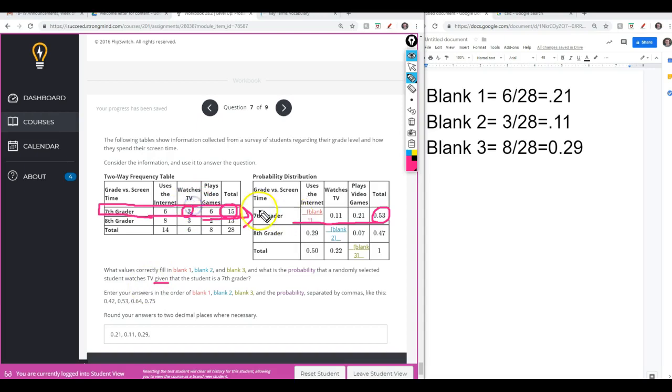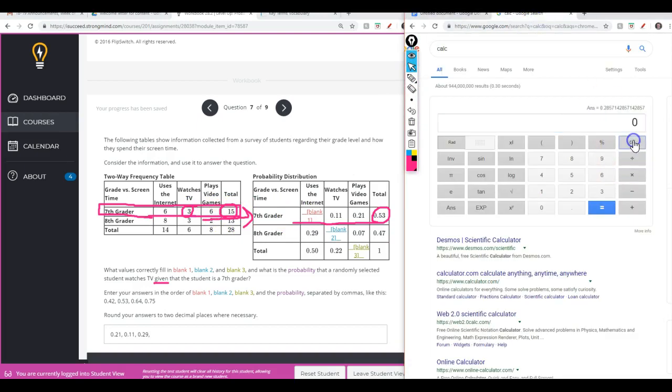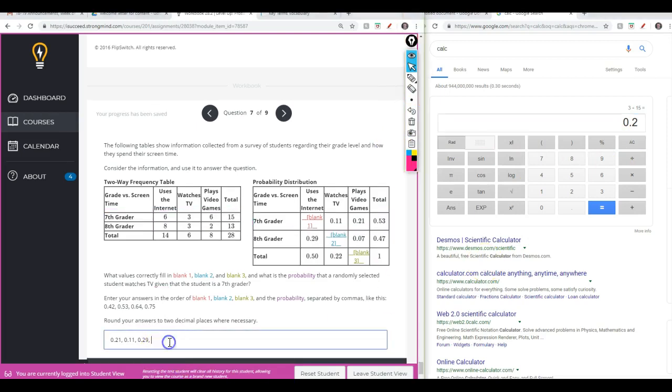So 3 out of our 7th graders watched TV. To find that probability, we would say, well, 3 out of 15 is equal to 0.2. So when we enter this, we would just type in the probability as 0.2, since that is the probability that we found from the 7th grader watching TV.